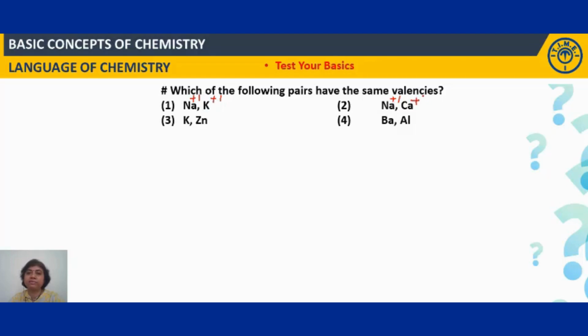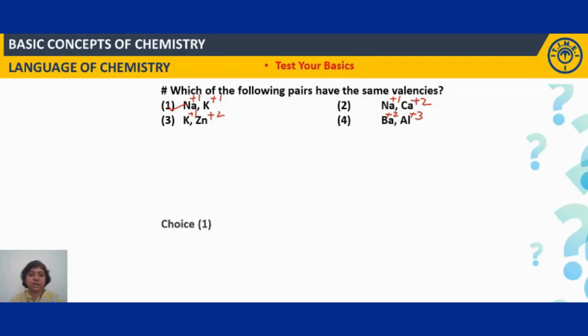I'm waiting for you. +2. Potassium, already I have written, so I'll write zinc, so many times discussed, +2. Barium, +2, aluminium, +3. So where are you finding the same valency? Definitely choice 1. Correct.